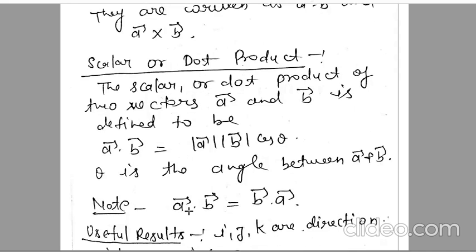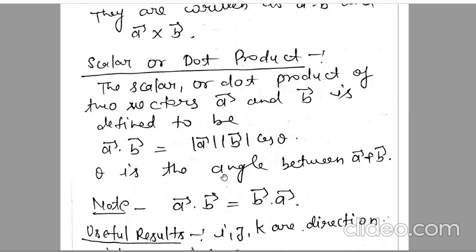So first one is the scalar or dot product. The scalar or dot product of the two vectors a vector and b vector is defined as a vector dot b vector equal to modulus value of a vector into modulus value of b vector into cos theta. This is also the formula for the angle between two vectors. That means you will calculate cos theta from here.